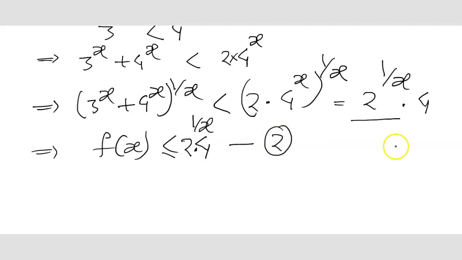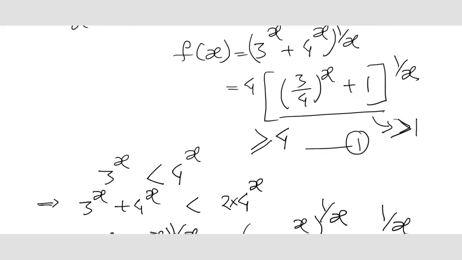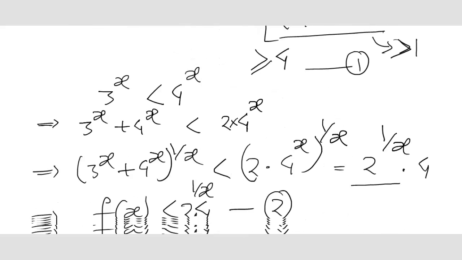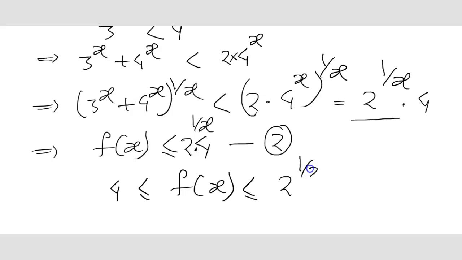Then from 1 and 2, f(x) is sometimes greater than or equal to 4, and sometimes less than or equal to 4. So we find that 4 is less than or equal to f(x), which is less than or equal to 2 to the power 1 by x into 4.